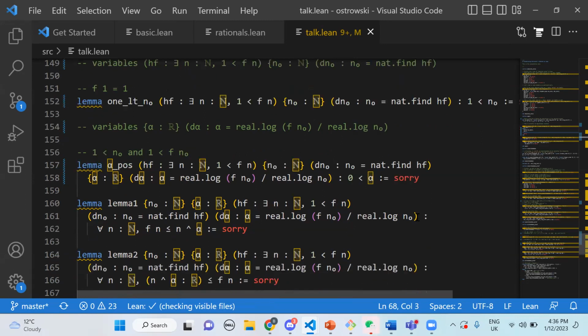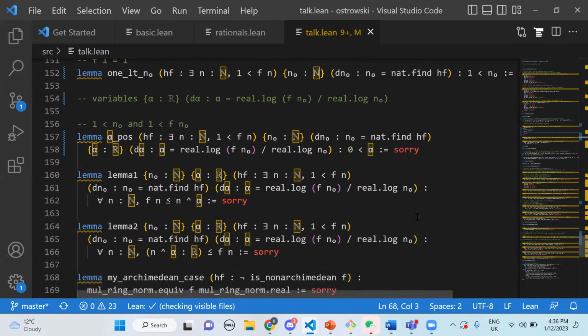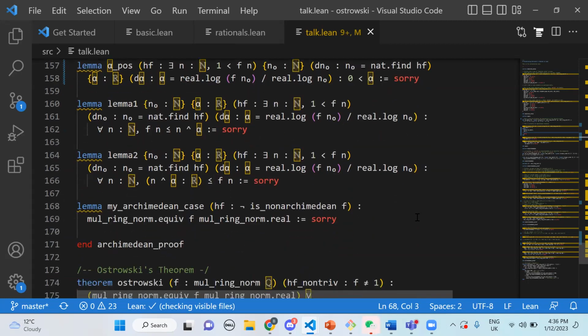The key lemmas that we solve in the Archimedean case are basically divided into two parts. We want to prove that for any natural number n, the norm of n is equal to n to the power of alpha. If that is true, then the Archimedean case is done, by following the same process as for the non-Archimedean case.